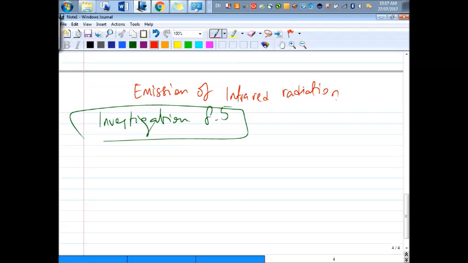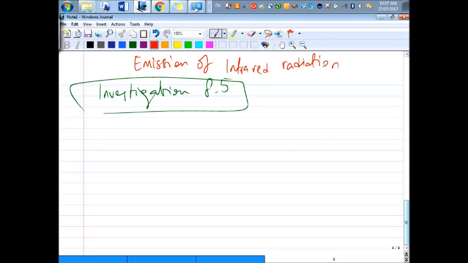So you know that this experiment is specifically used to investigate the rate of emission. Okay? Earlier on we heard another word, right? Absorption. Absorption and emission are opposite. Emission, you give out. Absorption, you take in. So this experiment is only for emission.